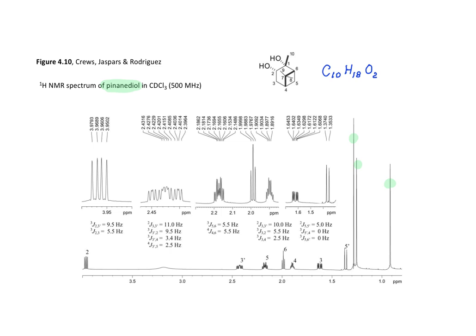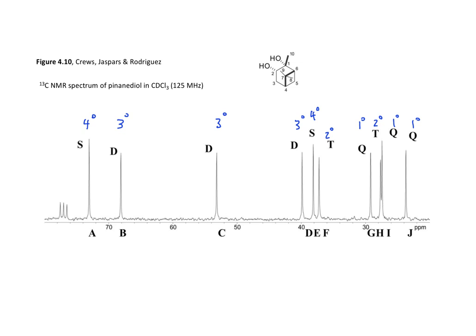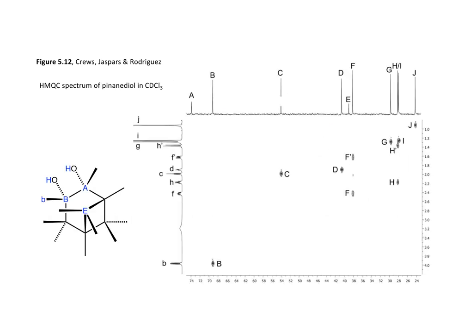Moving to the carbon-13 NMR spectrum, this spectrum shows 10 chemically non-equivalent carbon resonances. We can then correlate between the proton and the carbon spectra with HMQC. We can assign some of the resonances on this structure based on the chemical shifts.